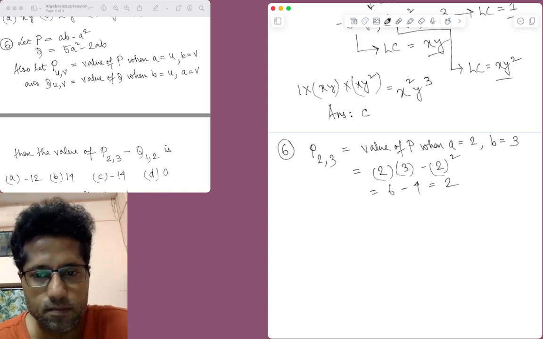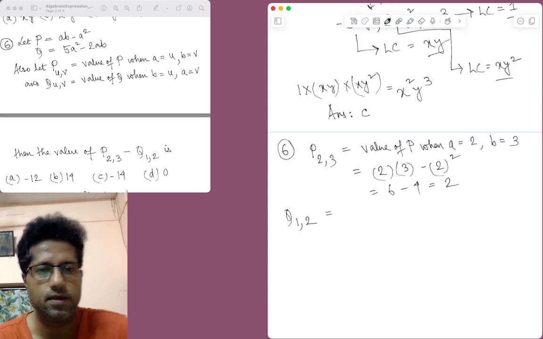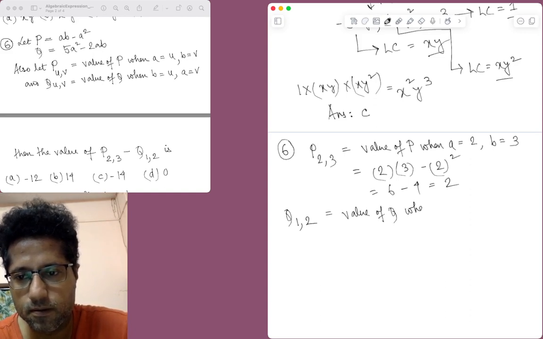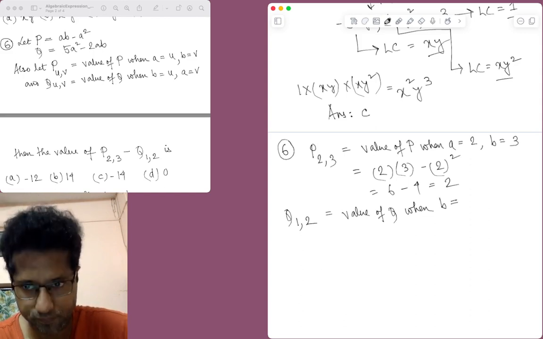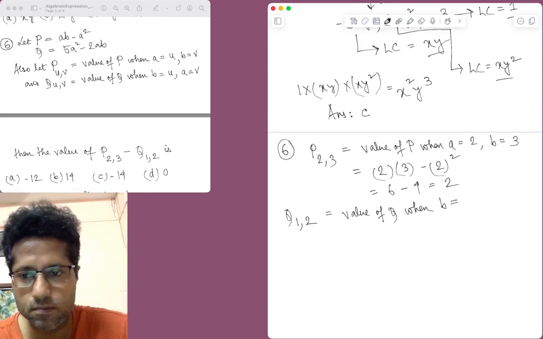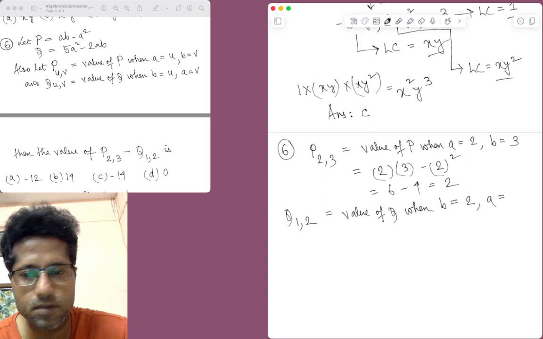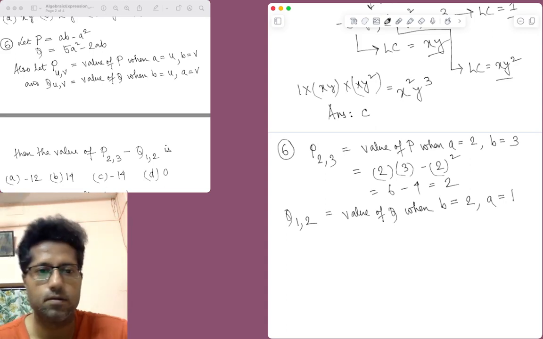And q(1, 2) is the value of q when b equals u, that is, b equals 1, and a equals v, that is, a equals 2.